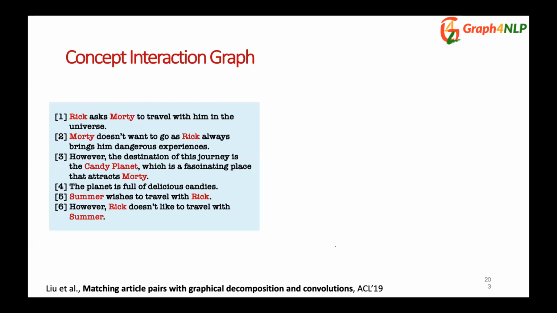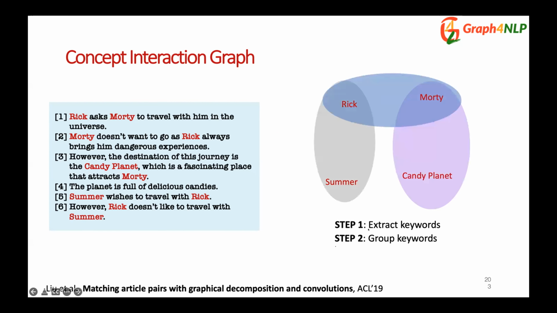So we propose the so-called concept interaction graph. This is an example. Let's say we have a document containing 6 sentences, and we extract keywords. Here the keywords are the named entities, and then we perform keyword clustering to group correlated keywords into different clusters. Each cluster we call a concept in this document.